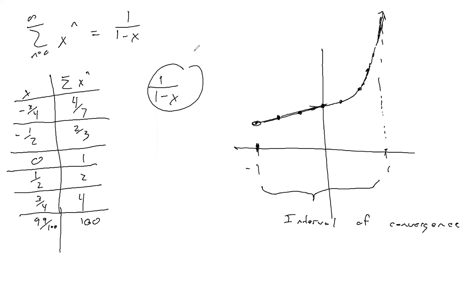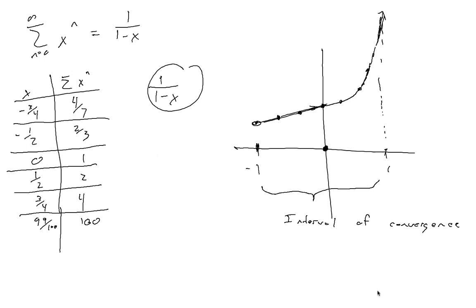Now, just some notes, we'll clarify this stuff a bit later, but look at this interval of convergence for this series x to the power n. It's nice and symmetrical, right? It goes from -1 to 1, and it's centered around this point, x equals 0.